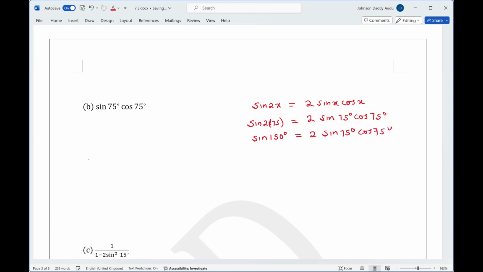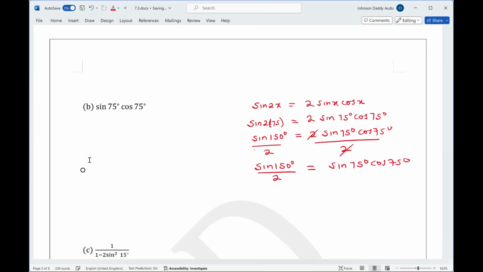So all you need to do is to divide both sides by 2. So if you divide both sides by 2, you will have this one, right? So we'll cancel this. So it means that you have sine 150 degrees divided by 2 is the same thing as what? Sine 75 degrees cosine 75 degrees.